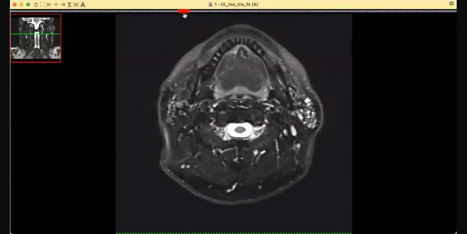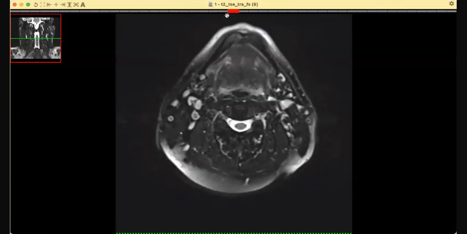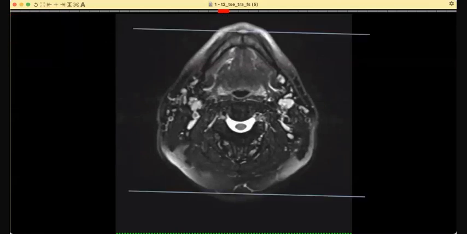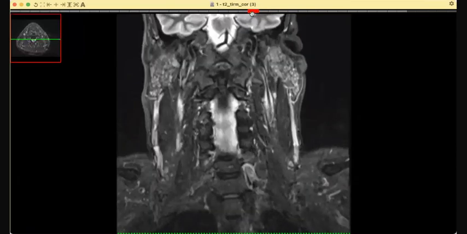In my usual practice, I would look at the orthogonal planes to assess. Just 1 second. I'll give you another sequence. Here you are. Thank you. So I'm presented with coronal of the same sequence. Just look at the parotids.